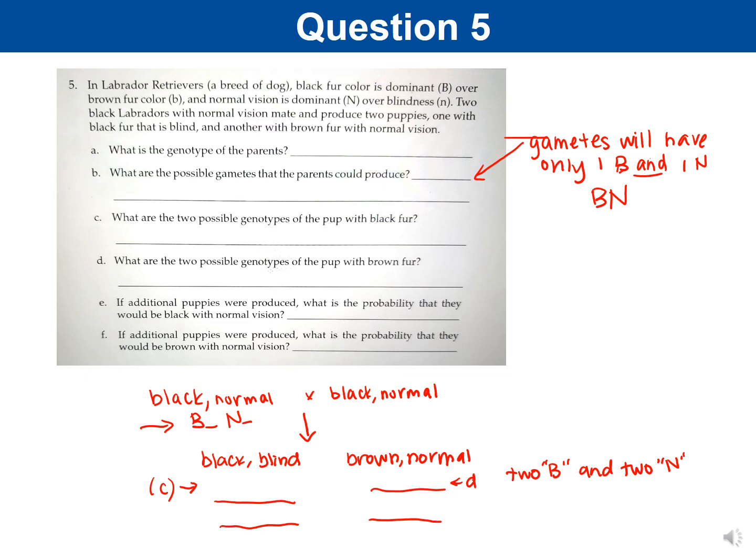Use the examples from earlier to help you work through this. I wanted to help set you up and show you what they were looking for in the different parts, because sometimes students get confused with the genotypes of the parents, the gametes, etc. So this is A up here, this row. And that's what you're doing for this question.